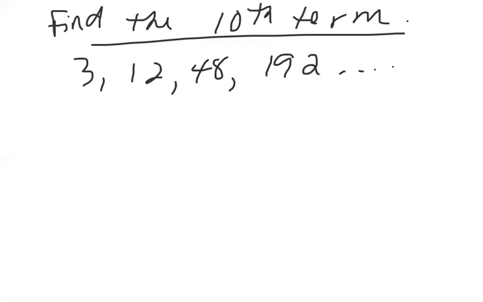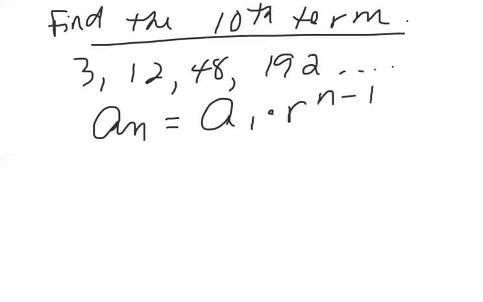So here, another formula. To find the 10th term in a geometric sequence, we use the formula A_N equals A_1 times R to the N minus 1 power. This formula is used to find the nth term, any term in a geometric sequence.